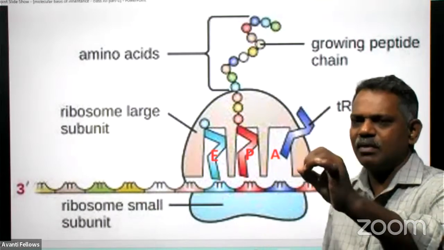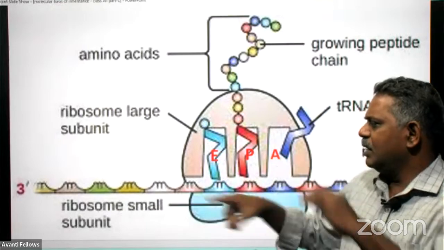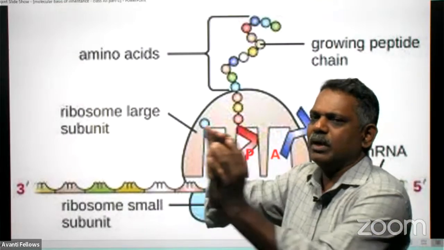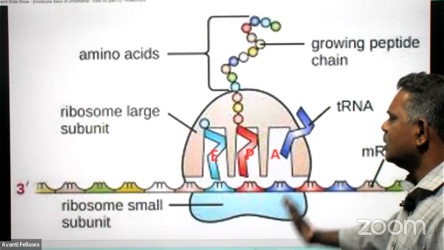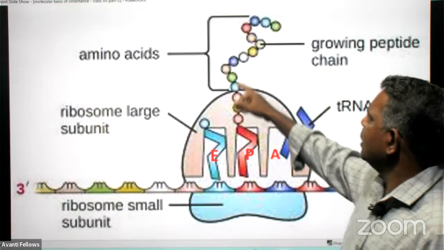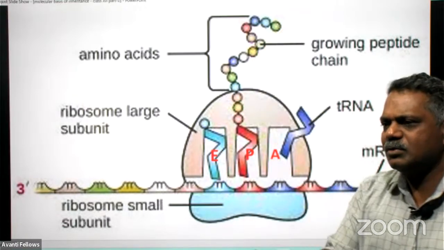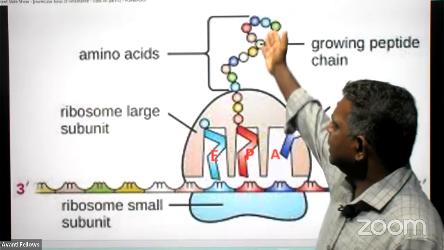There is a gap between the large and small subunit, and in between that the mRNA will be there. Through this mRNA, it is moving from the 5' direction to 3' direction. So that only helps the elongation of amino acids. This tRNA will place amino acids one after another. So naturally they get elongated.